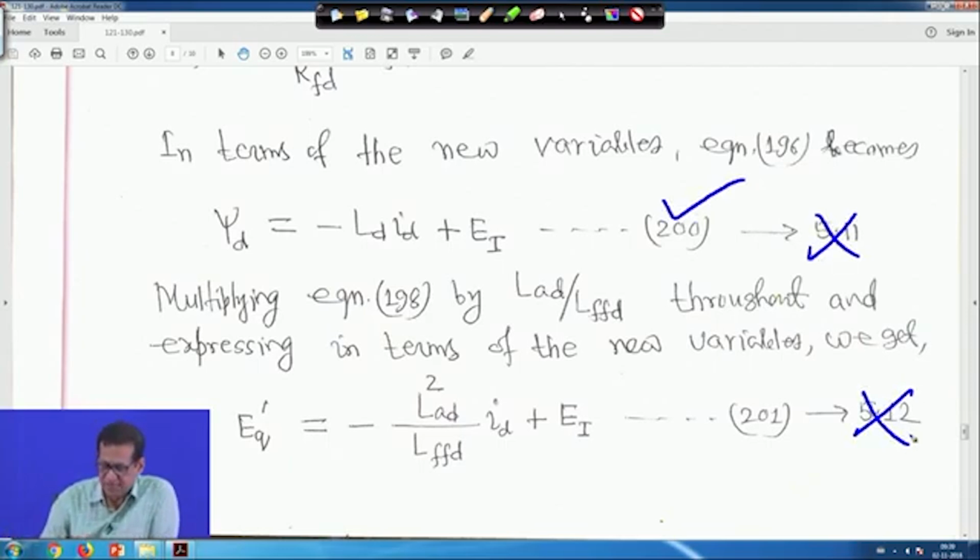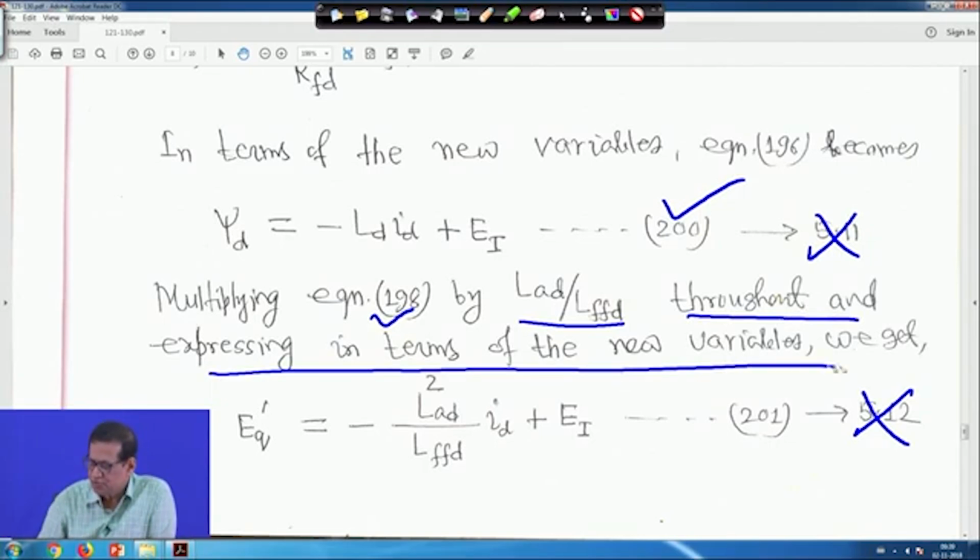And multiplying equation 198 by L A d upon L f f d throughout and expressing in terms of the new variables, you will get E q dash equal to minus L A d square upon L f f d I d plus E I. You just multiply equation 198 on both sides by L A d upon L f f d, and then simplify with whatever assumptions we have made, and then you get E q dash equal to minus L A d square upon L f f d I d plus E I. This is equation 201, right.